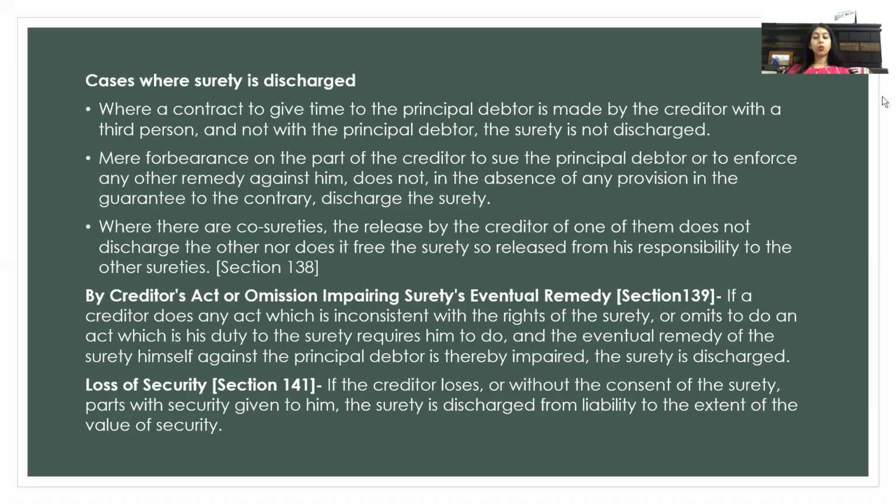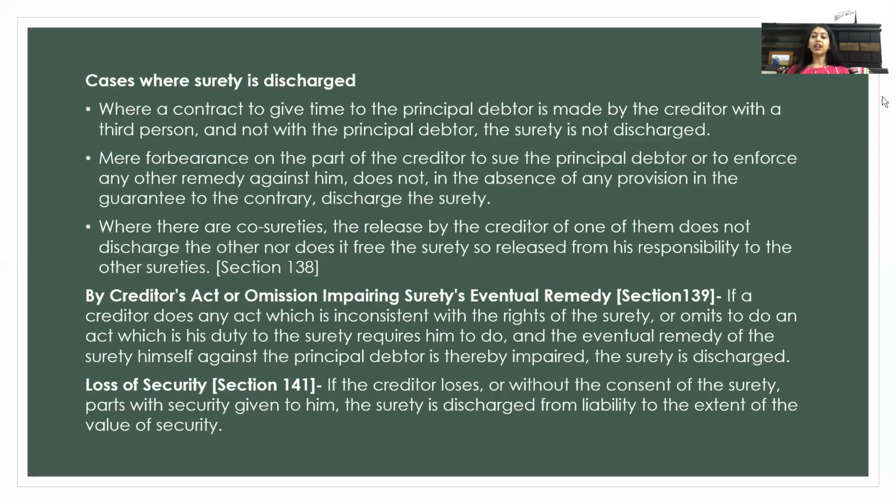Next is section 139, by creditor's act or omission impairing surety's eventual remedy. Means now what this particular section is talking about is, the creditor has done some act or omitted to do something which has affected the surety's eventual remedy.